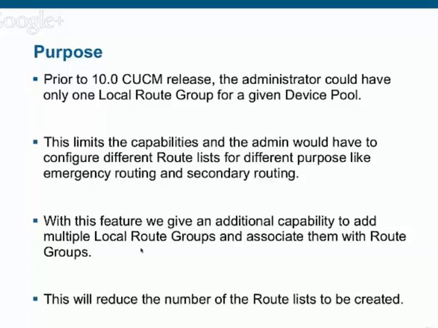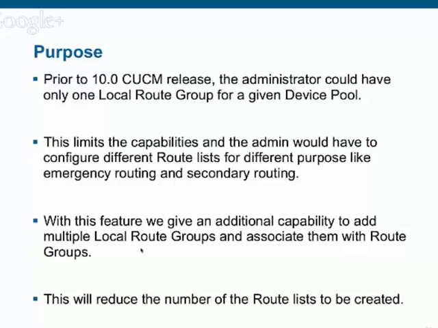So in that local route group, my preference would be my local router or local voice gateway, and if that fails, I will fail over to some other voice gateway. So that was just one local route group.